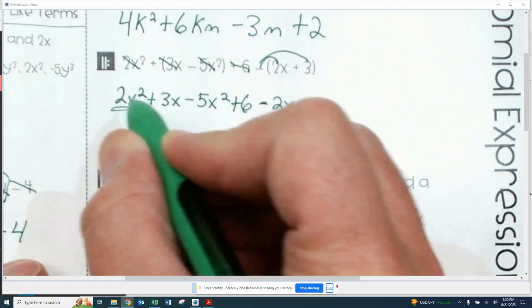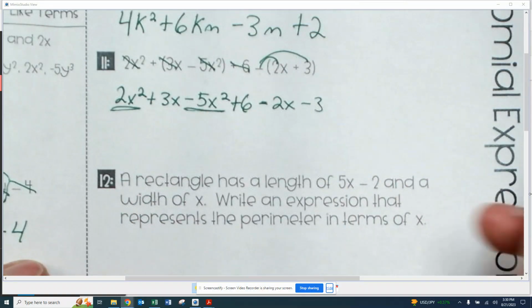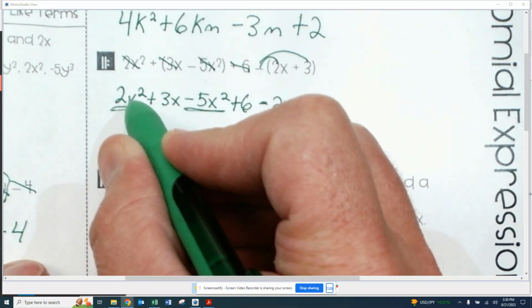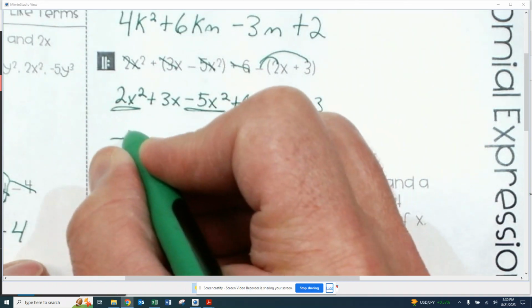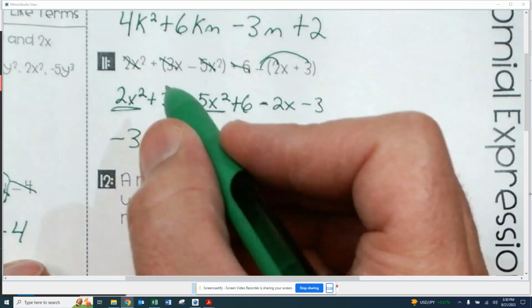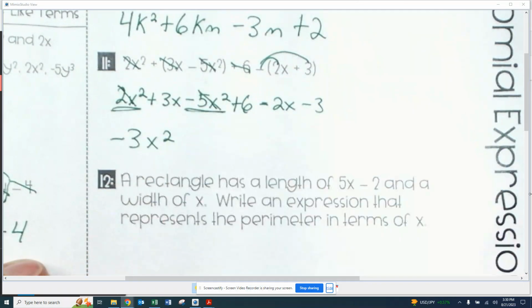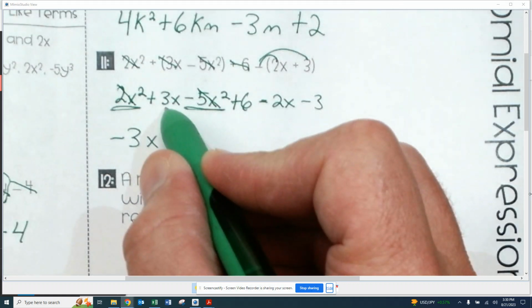I have 2x squared here. I have negative 5x squared here. If I start with 2 and I subtract 5, I end up with negative 3x squared. And I like to cross them off as I go, so in that way I don't bring them back and accidentally add them in later. I have 3x next.